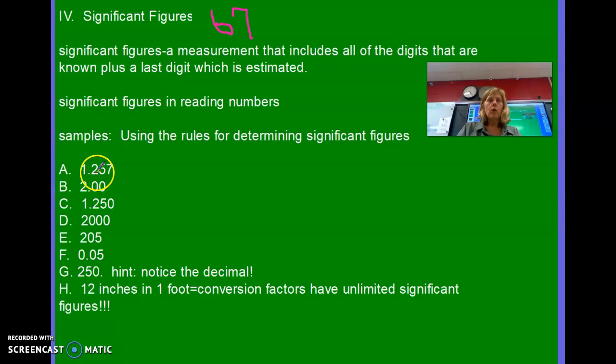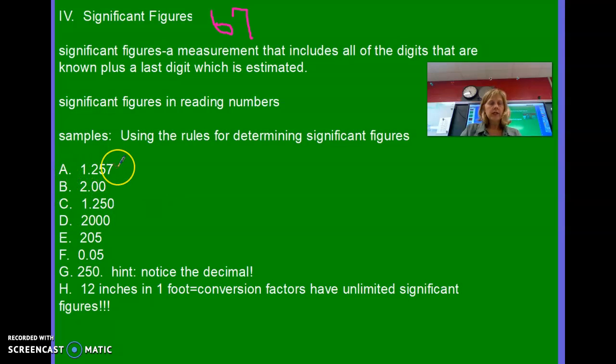So A, 1.257. If I look on here for a rule that seems to be similar to this, the one thing I noticed right away, because we're going to talk a lot about zeros, is that this one doesn't have any zeros. That's important because I think the only rule that really talks about numbers that don't contain zeros is rule number 1.